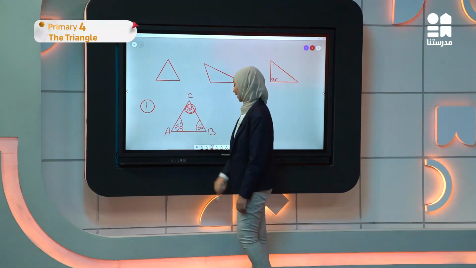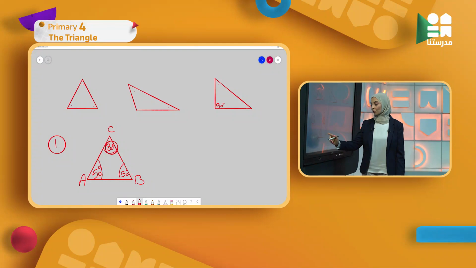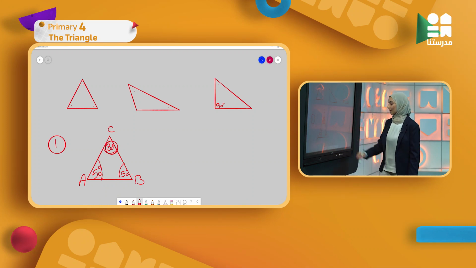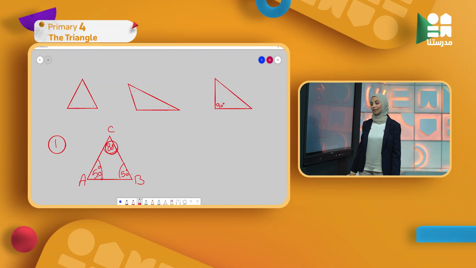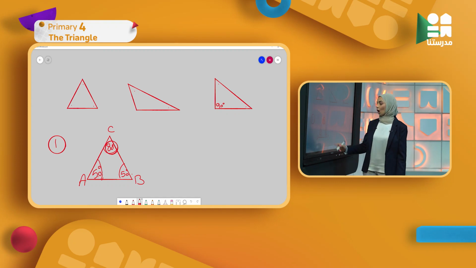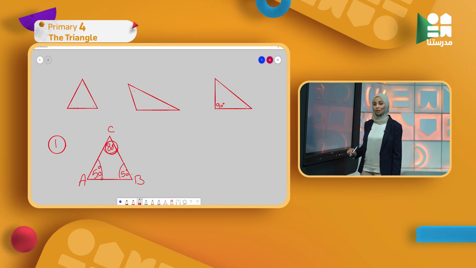Let's see angle A. Angle A is 50 degrees. Is it acute or obtuse angle? Yes, 50 degrees is less than 90, so it is acute angle. Let's see the second angle, which is B. Measure angle B equals 50 degrees, which is also acute angle. Okay, what about the third angle? The third angle is 80 degrees, which is smaller than 90.